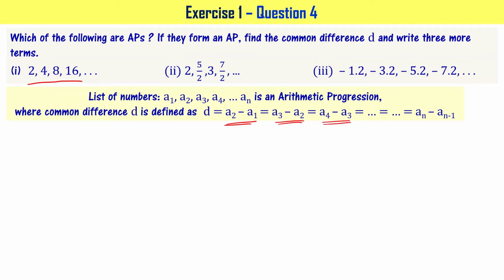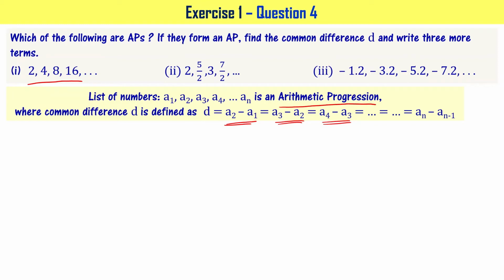Meaning if you take the difference between successive terms, if all the differences you get are the same, then that is called common difference. If a given list of numbers has a common difference, then you say that the list of numbers is an arithmetic progression.